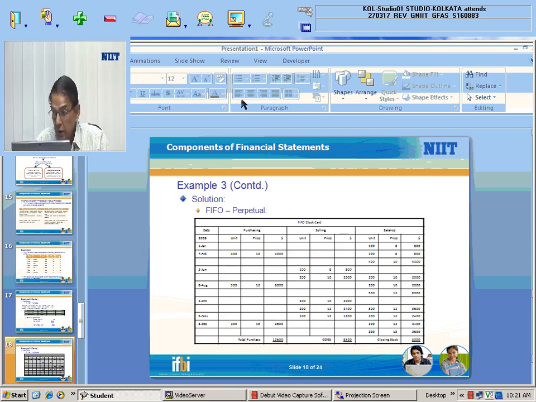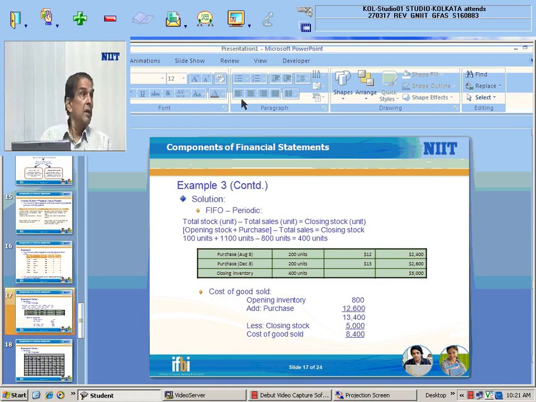Last slide. Just a minute. I go back to the last slide before I go to the same example where a perpetual inventory system is maintained by the company. So let me know when you have finished with the last slide.